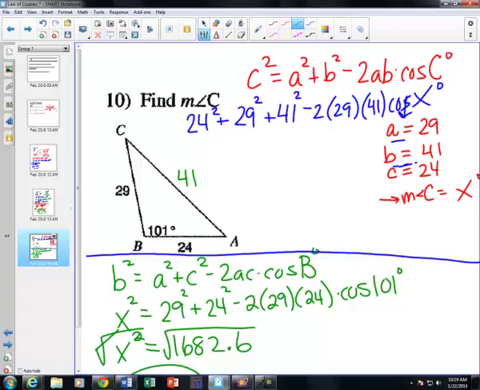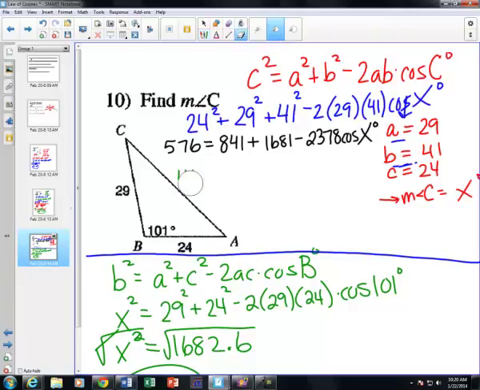Okay, now let's go through and do our arithmetic. Let's simplify what we can. So 24 squared, we've got 576 equals 29 squared, this comes out to 841, plus 41 squared is 1681, minus, when you multiply 2 and 29 and 41, 2,378 times the cosine of our angle that we're missing.